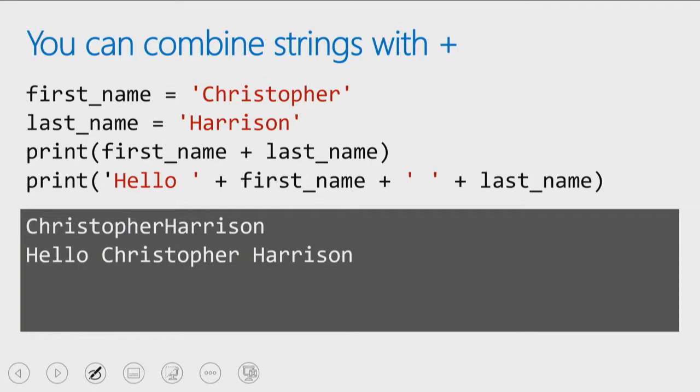Let me just grab my pen again so that way I can circle it. That little plus sign will bring that together. Now that works with both variables as well as with string literals. So if I want to bring together a string literal of hello and a couple of spaces along with my strings, then I can also do that just by using that exact same plus operator.